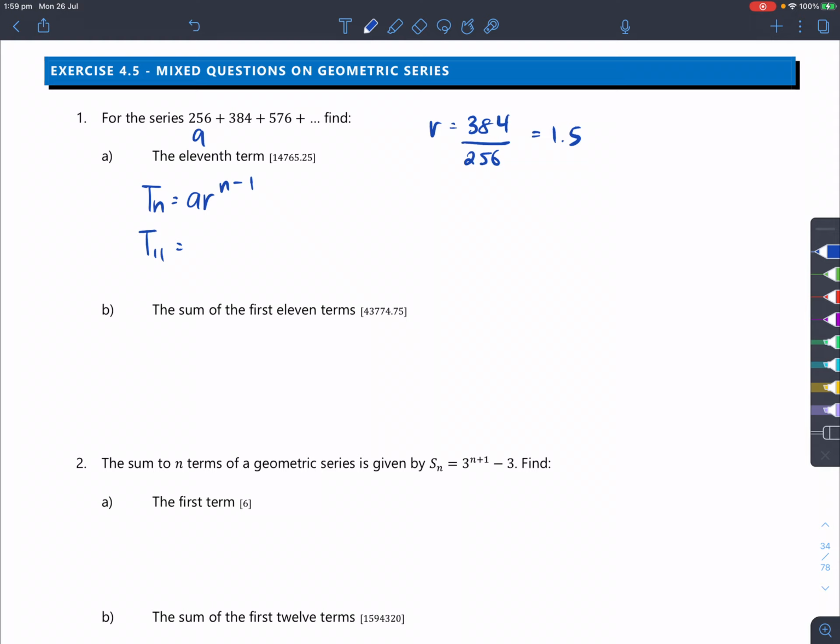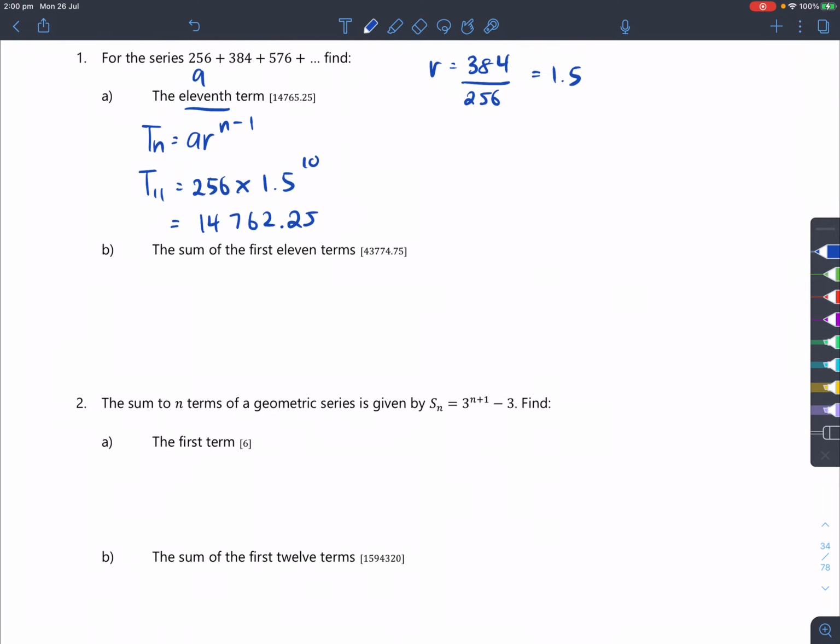So we write 256 times 1.5 to the power of n minus 1, and if I substitute in 11, I get 11 minus 1, which is 10. So 256 times 1.5 to the power of 10 gives me an answer of 14,762.25.